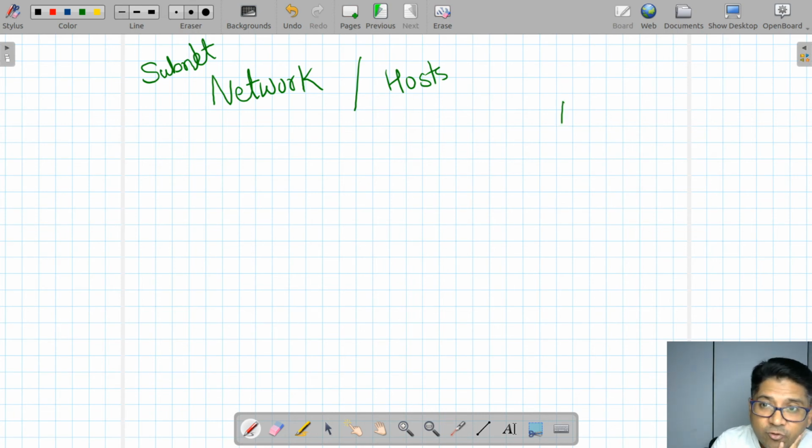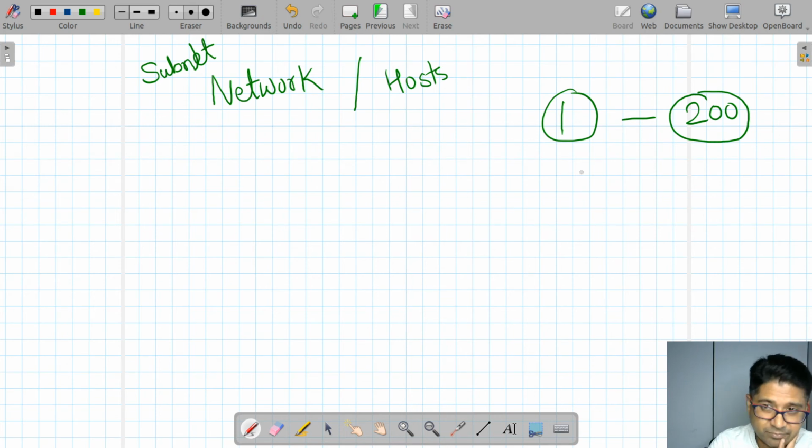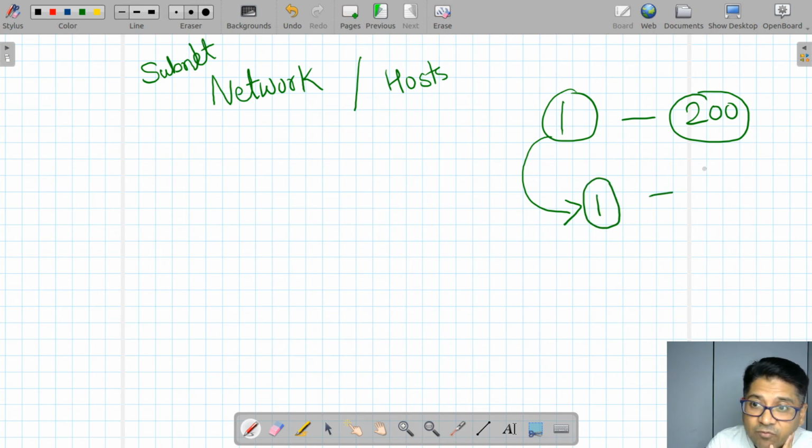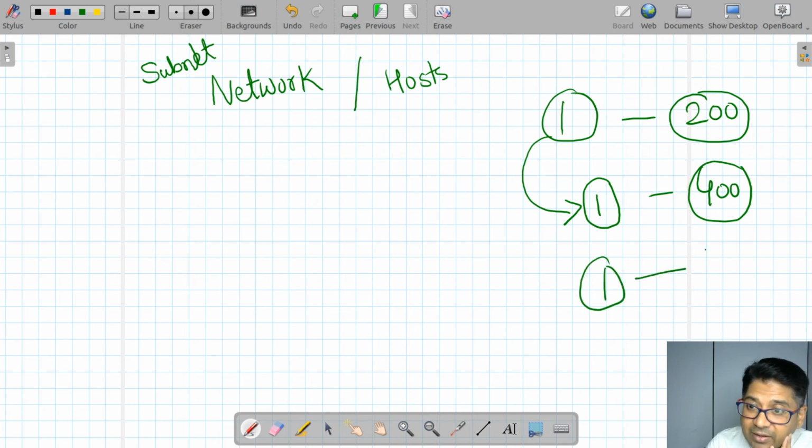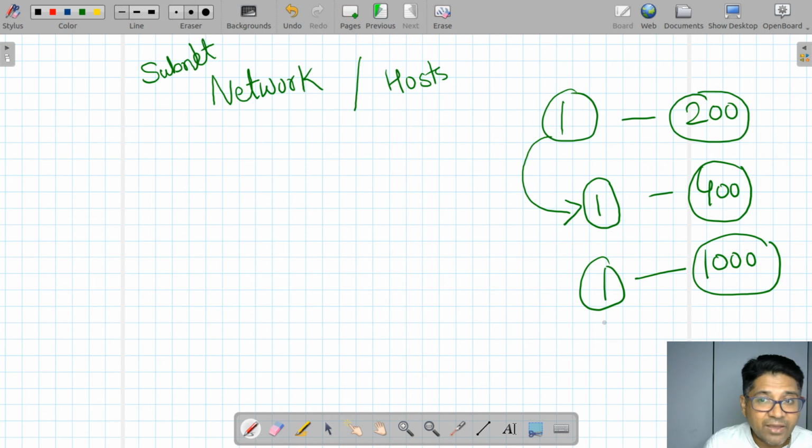Suppose one network has 200 hosts, which means in one network I can connect 200 PCs. If I take a bigger network, one network has 400 PCs. For an even bigger network, one network needs 1000 PCs. Or if I want to set up a small cyber cafe, I need only 10 PCs in one network.